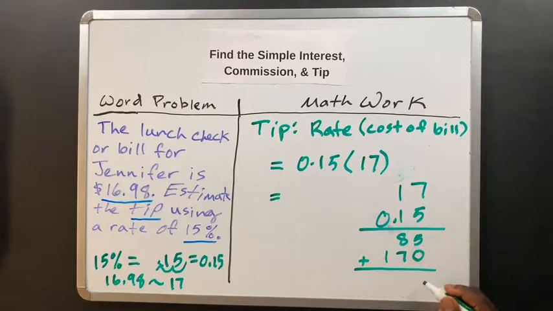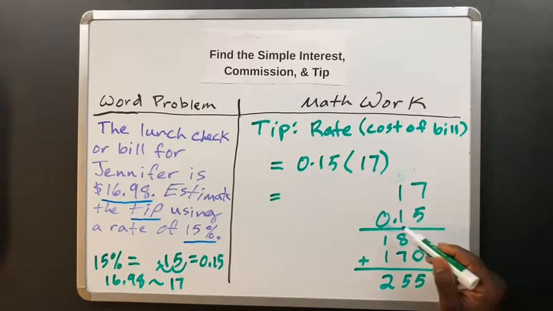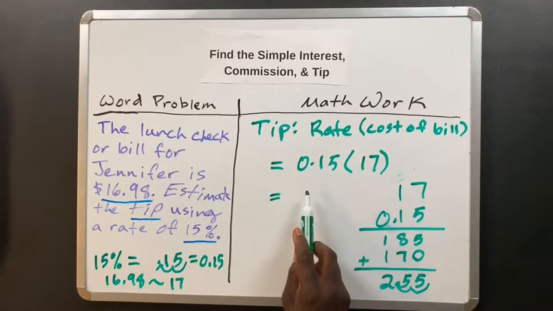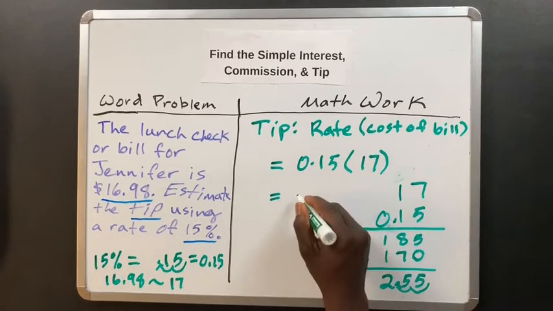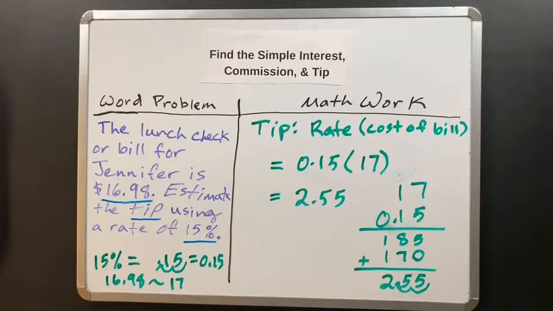Okay, so we add down, we get 5. We get 8 plus 7 is 15. Put a 5 there, carry the 1. And then we get a 2. Now we have two numbers behind the decimal. So we take that decimal and move it 2 spaces to the left. Okay? So 0.15 times 17 is 2.55. Okay?